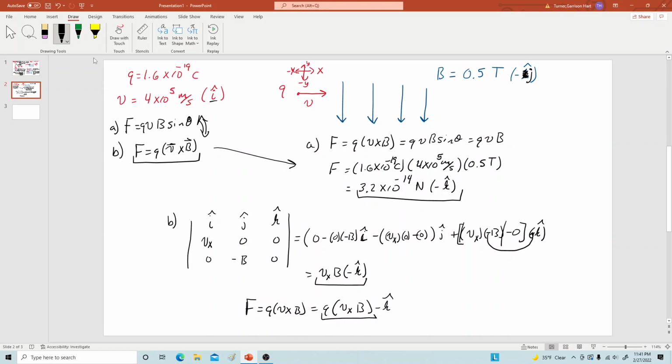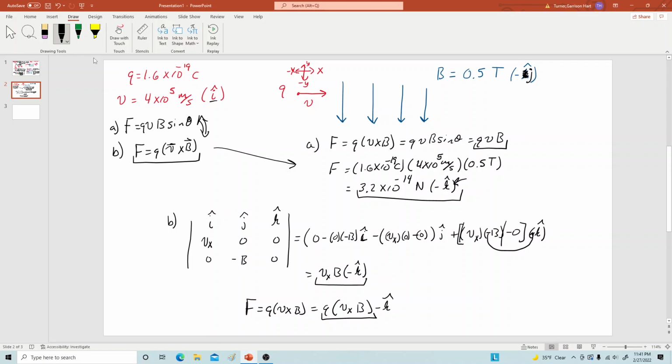So we get QVB in the negative k direction, and that is exactly what we obtained here. So we don't need to multiply all this out again. These results agree, so both results are consistent.